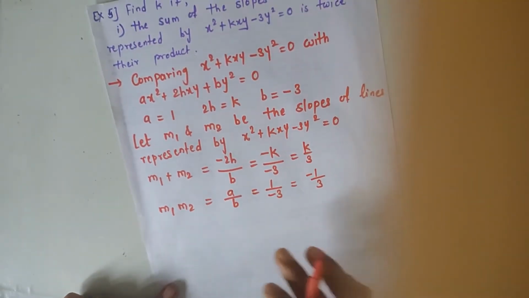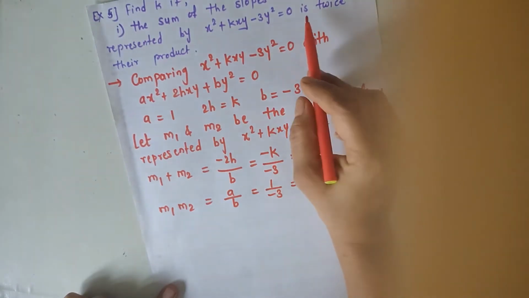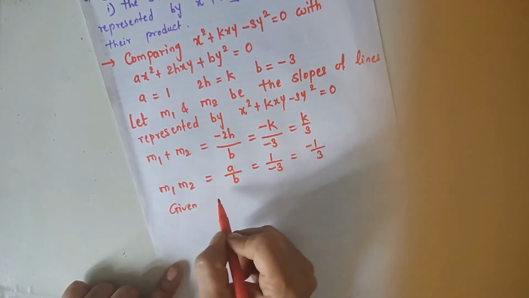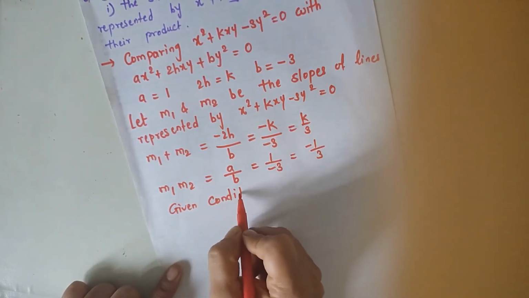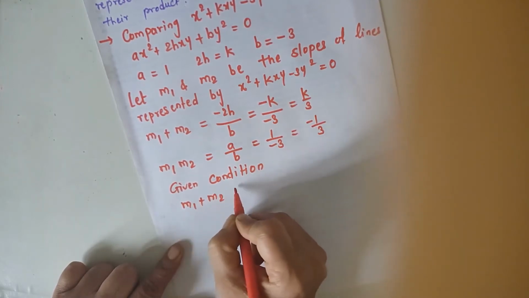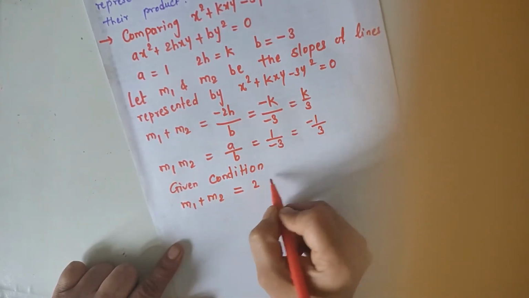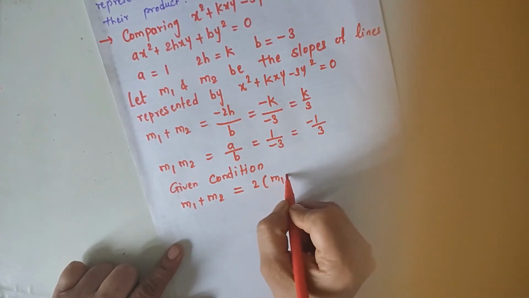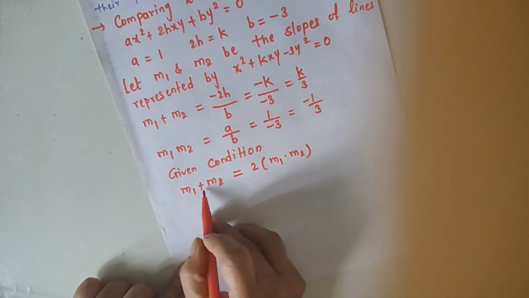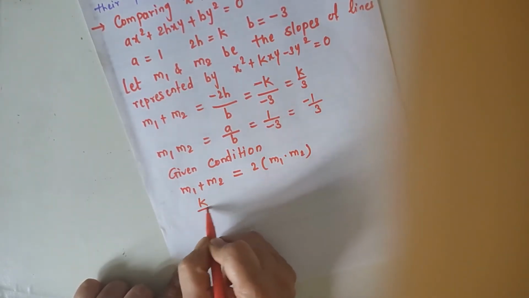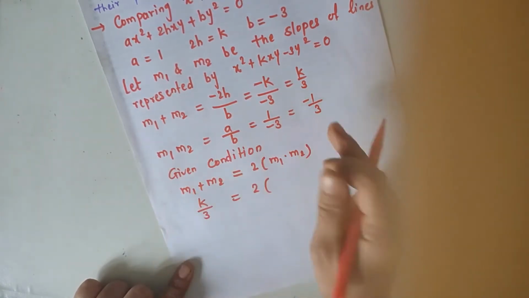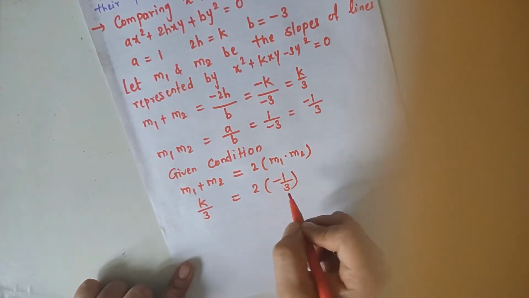And the given condition is the sum of the slopes of lines is twice their product. So by given condition, we can write the sum of slopes, that is m1 plus m2, is equal to twice their product, that is 2 into m1 into m2. So put the value of m1 plus m2, k by 3 is equal to 2 into m1 m2 is equal to minus 1 by 3.